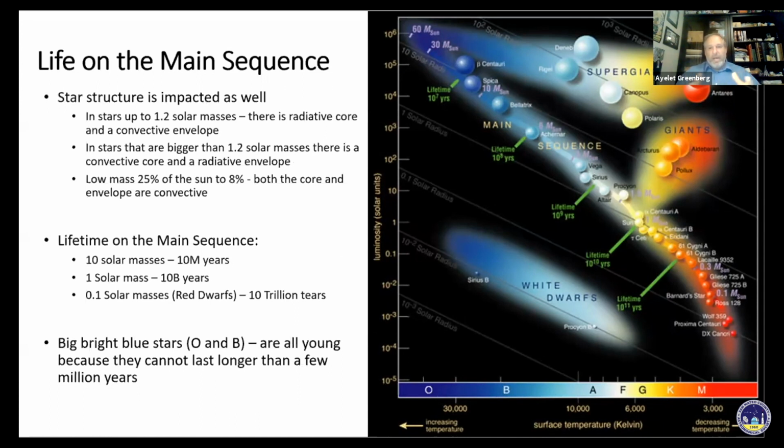Many of you may have seen diagrams of our sun showing that we have a core that is radiative and we have an envelope that is convective. And that is true about our sun. However, just to make sure that everyone's on the same page here, a radiative core means that the core is really dense. It's not really moving.